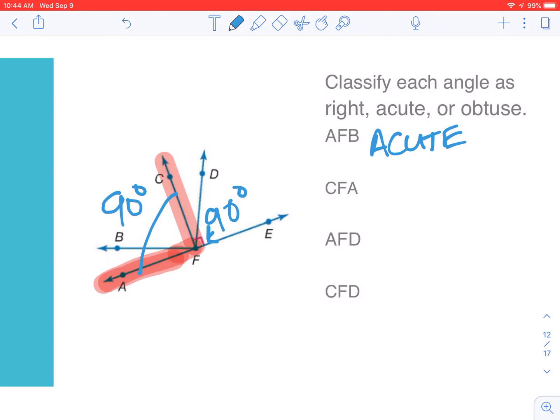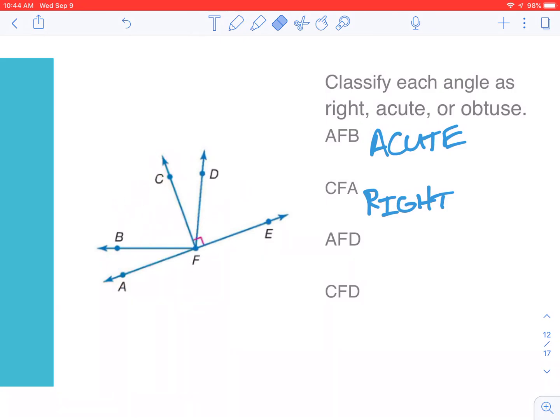We're going to learn on the next lesson that 90 plus 90 is 180. A straight line is 180. So we know that one is a right angle.